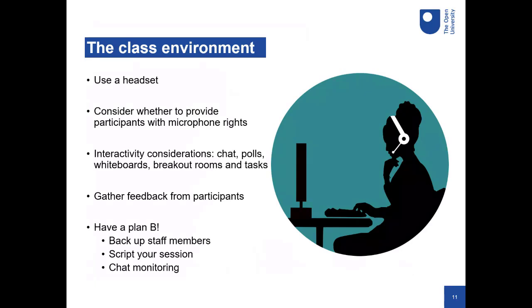So to create the optimum study environment, consider using a headset, particularly if you cannot find a good quiet space where you normally work. This helps to reduce feedback, thus making your voice much clearer for your attendees, as well as increasing the chance of a good quality recording.